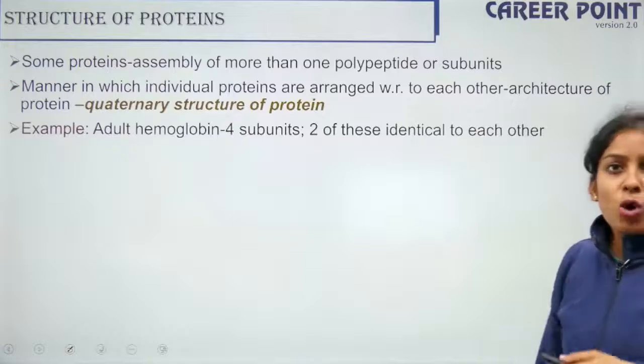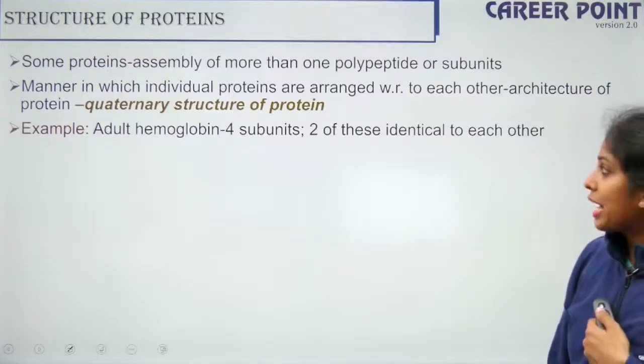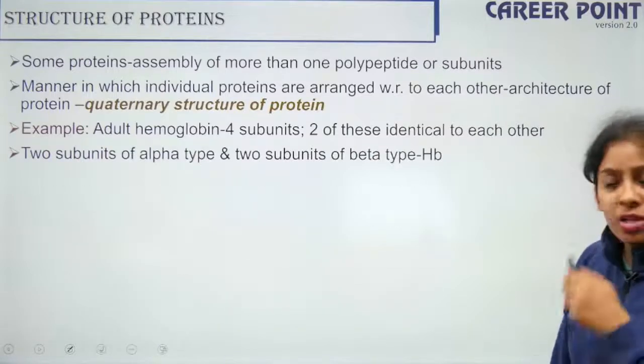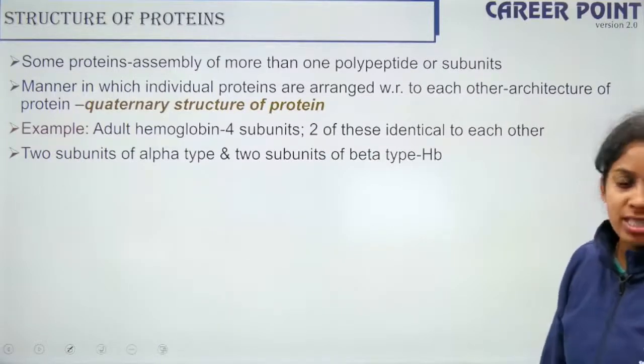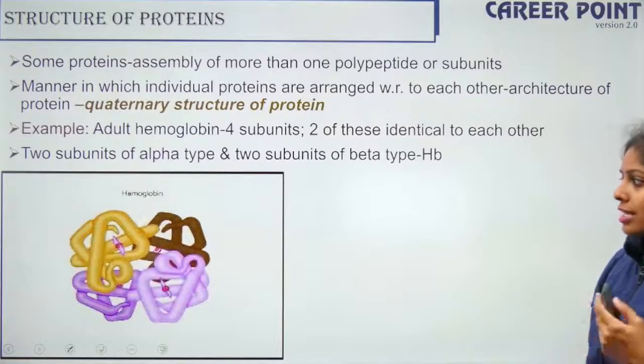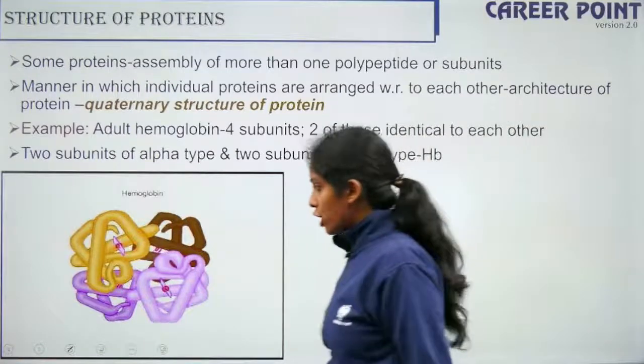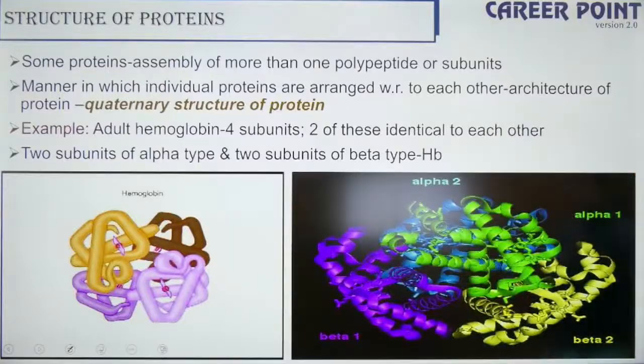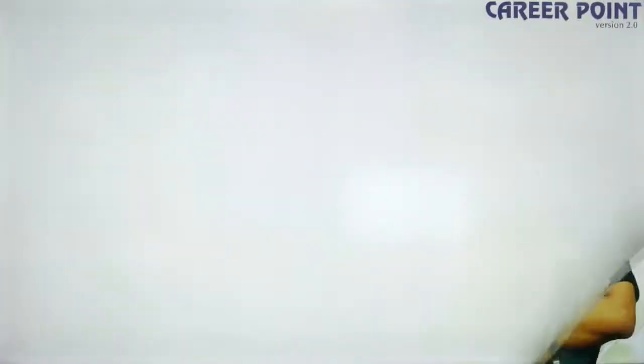For example, hemoglobin, which is present inside your RBC. It has 4 subunits, 2 of which are identical to each other: 2 alpha and 2 beta subunits, right? To be very clear, we have differentiated all the 4 subunits in 4 different colors, okay?